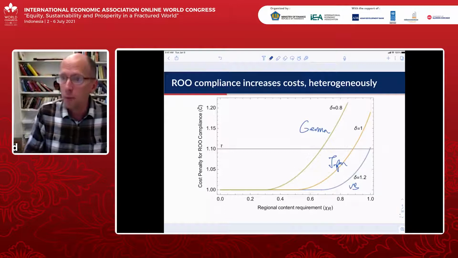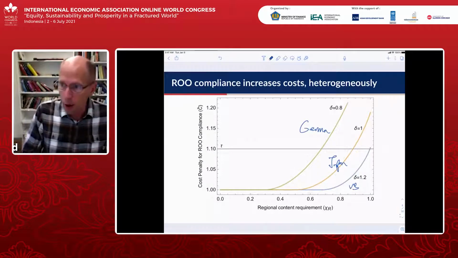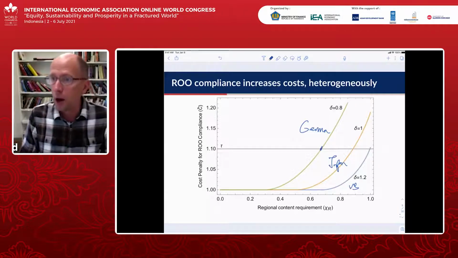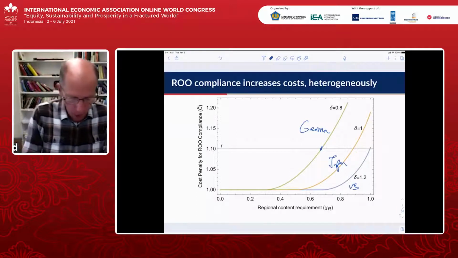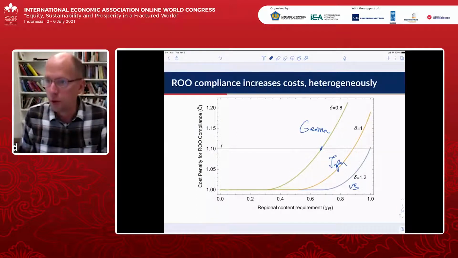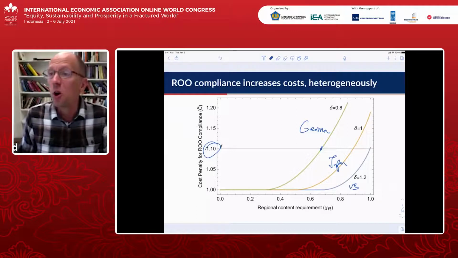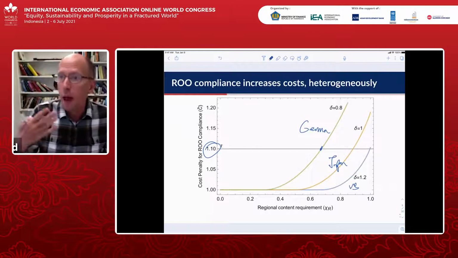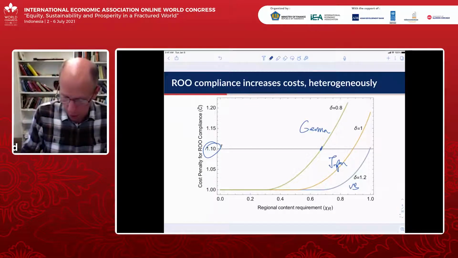So as you make them go to more and more North American inputs, their costs rise steeply. And relatively quickly, the penalty they're paying on costs could easily be higher than the tariff that they're facing, which in this case we've drawn as a 10% tariff. At that point, it's no longer worth trying to qualify for the rule of origin at all. You'd rather pay the 10% tariff and produce with no cost penalty at all.